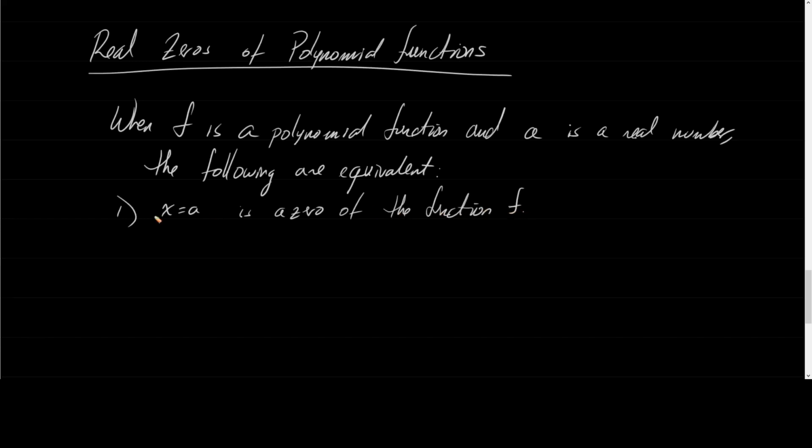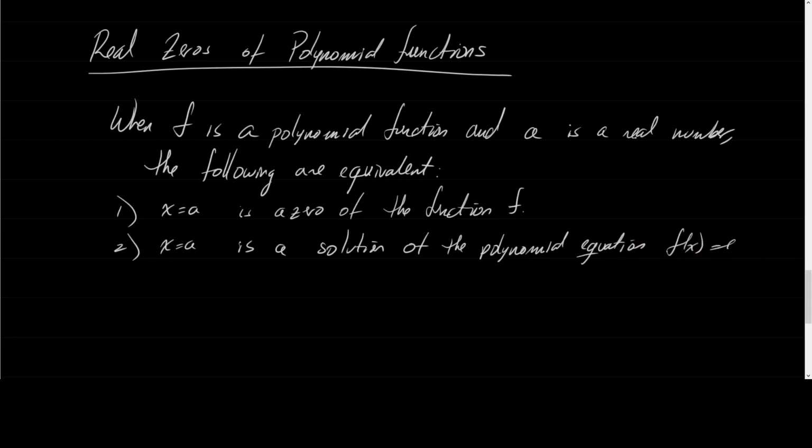All right, so this statement is equivalent to saying that x equals a is a solution of the polynomial equation f of x is equal to 0. All right, so saying it is a 0 of the function f is the same thing as saying it is a solution of the polynomial equation f of x equals 0.